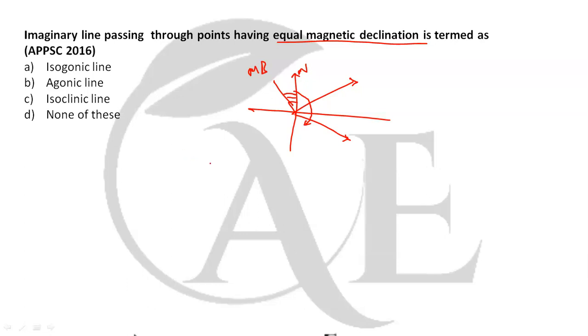So these isogonic lines are the lines of same declination, or equal magnetic declination. So option A is the correct answer.